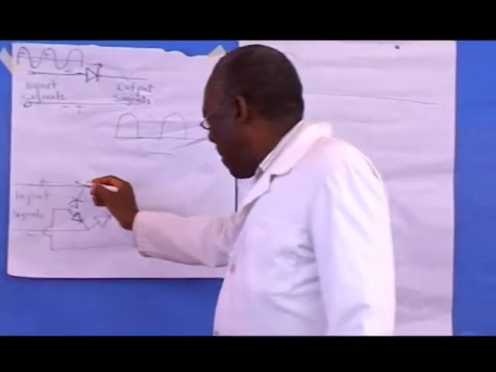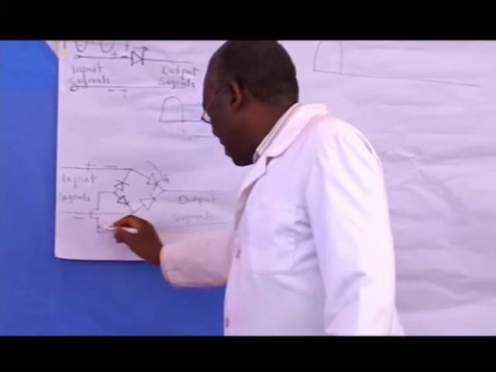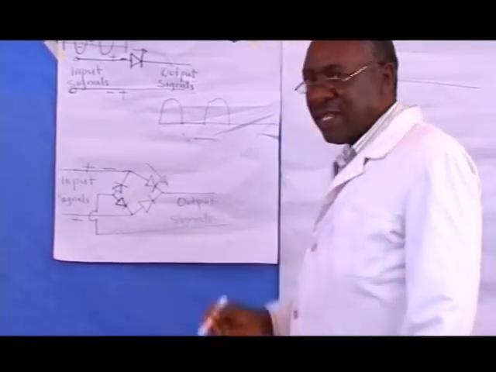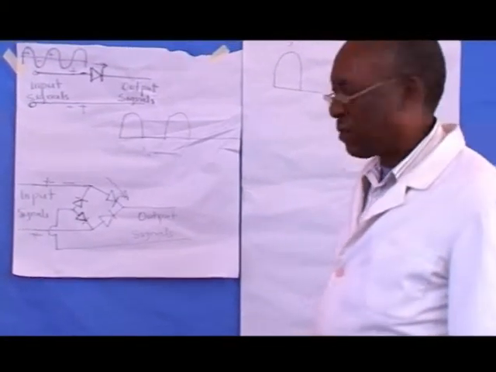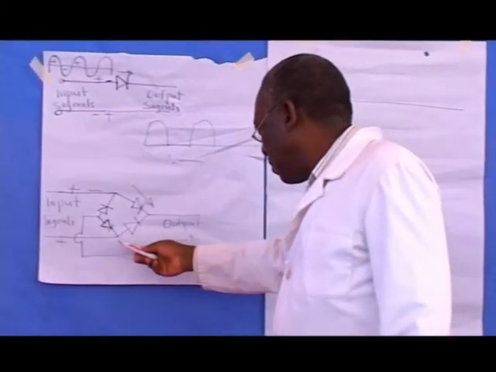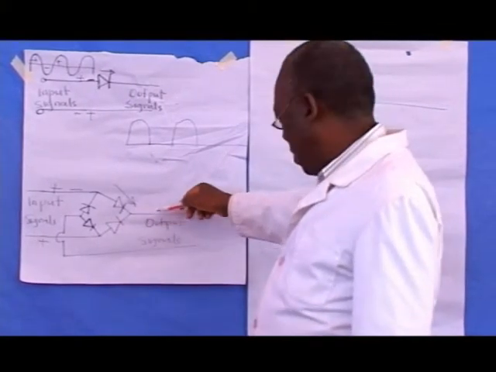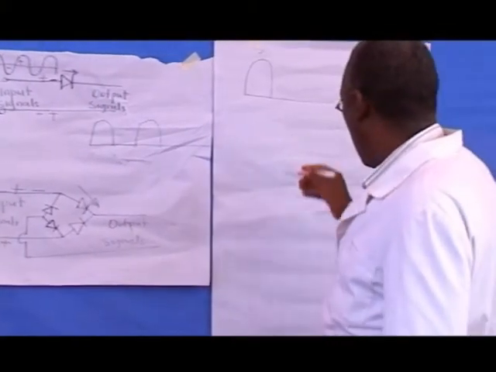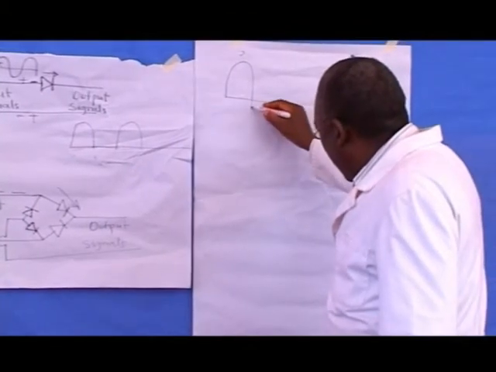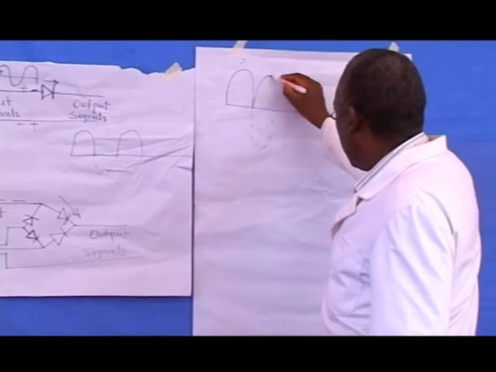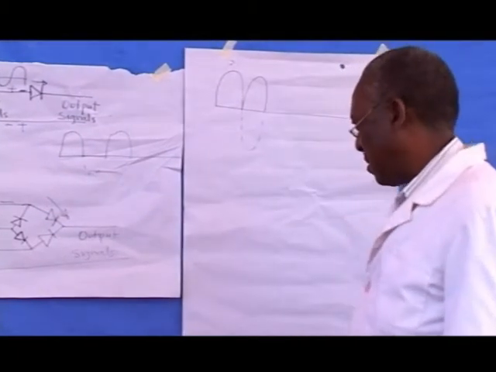When the upper part is negative and the lower part is positive, the upper diode doesn't pass the signal. The signal passes through the lower part, but it is turned to the upper output. And so, instead of having the lower part, it is turned upside down. It comes to be like this.